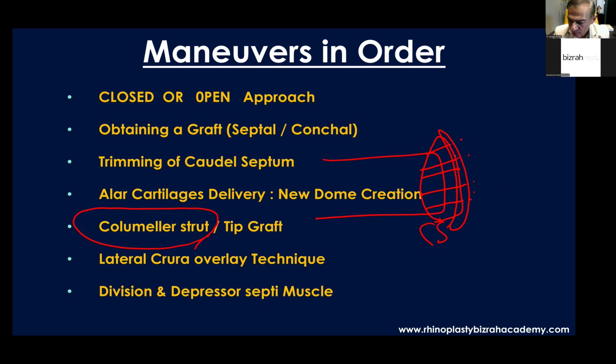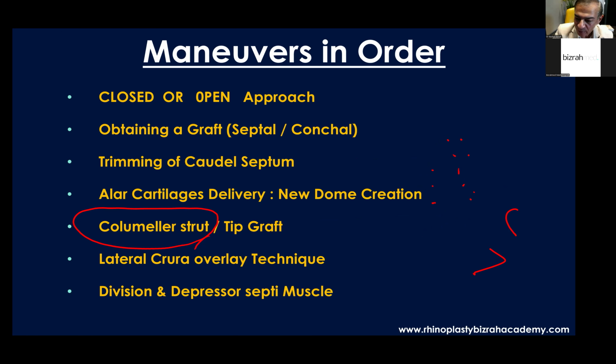So suture to the medial crura and suture to the caudal septum. By bridging between the medial crura and the caudal septum, this will obtain a sustained tip projection, because this extended columellar strut bridges between the alar cartilage and the nasal septum. So the extended columellar strut is a very vital and important maneuver in the correction of the droopy tip.